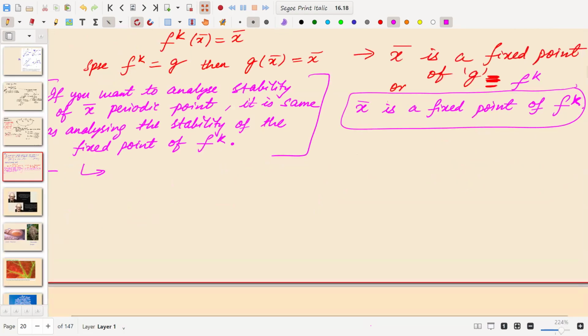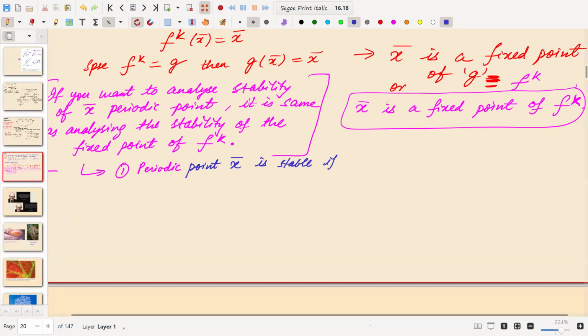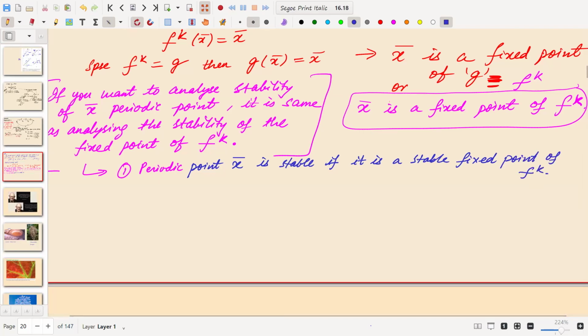Anyone? So, periodic point, let us use this. A periodic point x bar is stable if it is a stable fixed point of f^k, right?